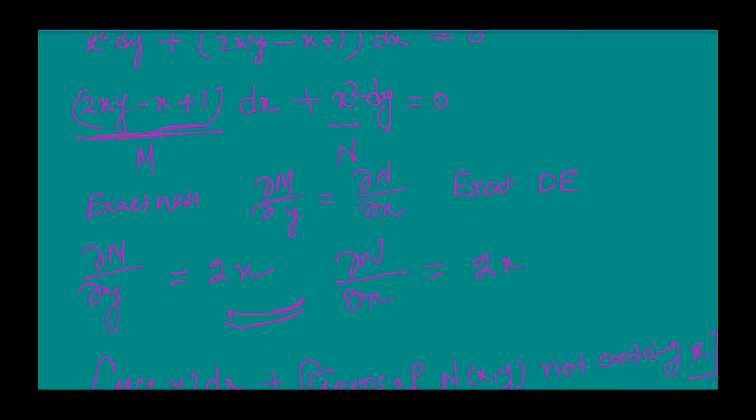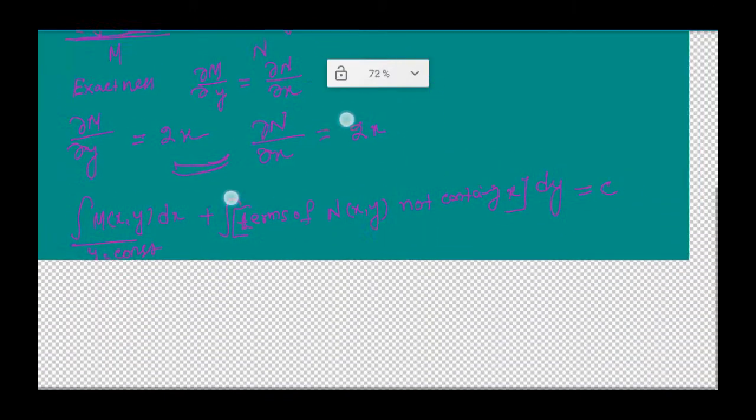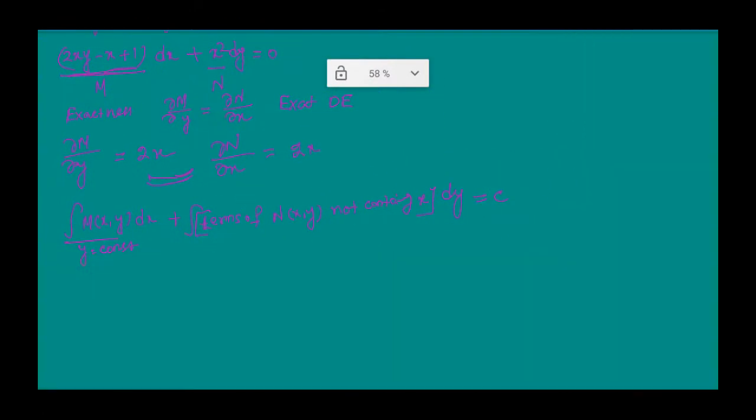And here, what is M? M is 2xy minus x plus 1. So I can write here integration of 2xy minus x plus 1 dx, plus integration of the terms of N which are not containing x.